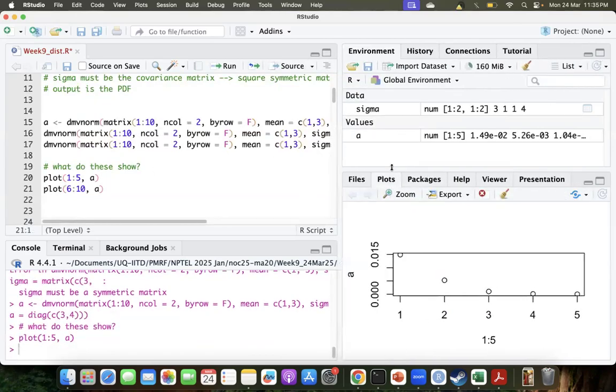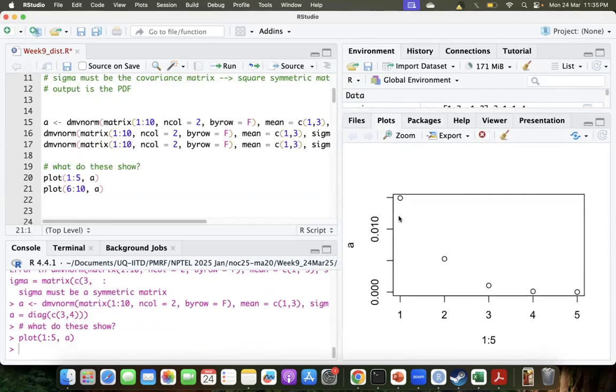So what you can see here is the trend of the graph of the values of the PDF for values 1, 2, 3, 4, 5. So you can see that this does look like the descending arm of a normal distribution, right? This visualization is in no way complete.